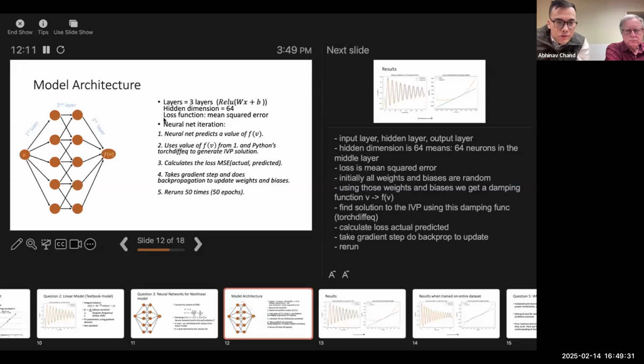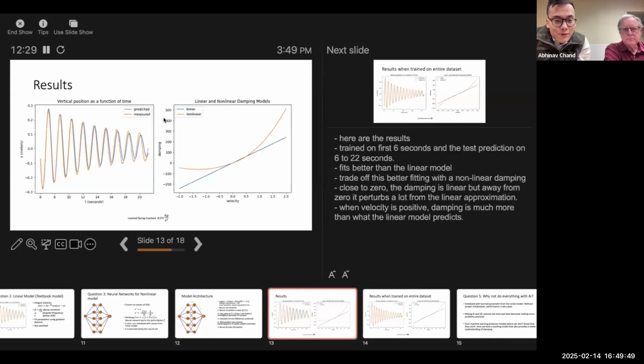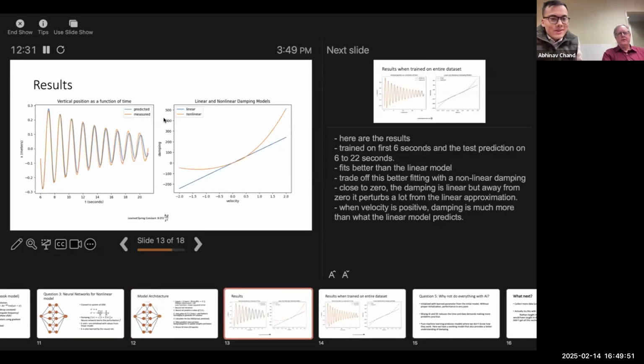And then we continue these iterations 50 times. In deep learning language, it's called epochs, so 50 epochs in the training data. You keep updating, and finally you will get the function for damping that you want. And Professor Andy will explain the results that we got.